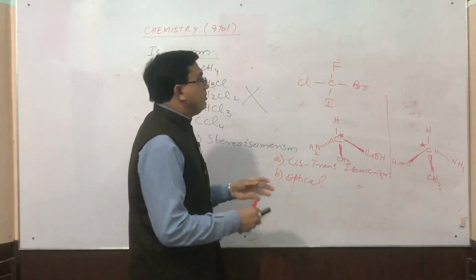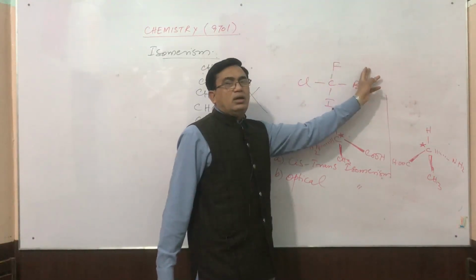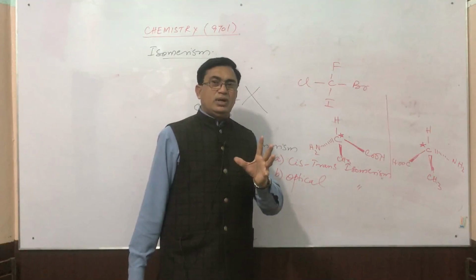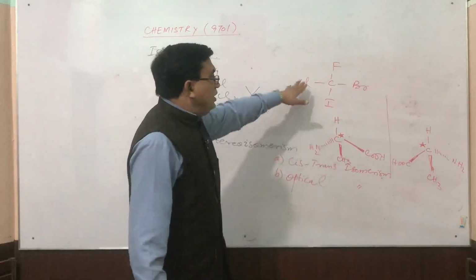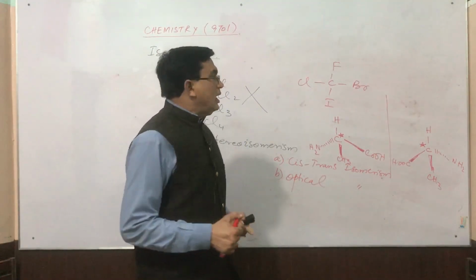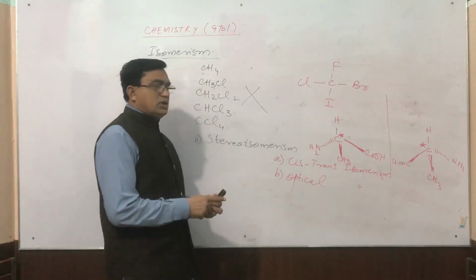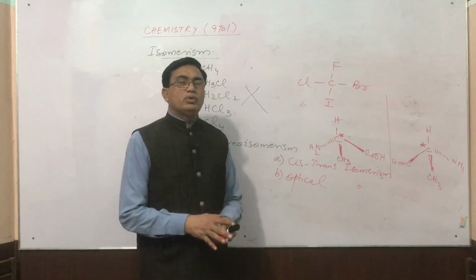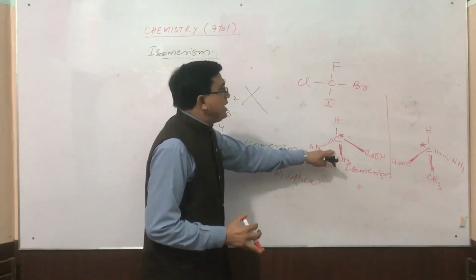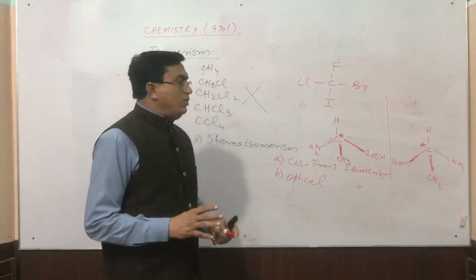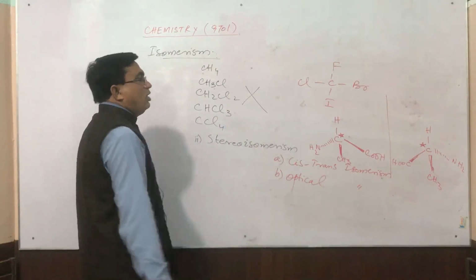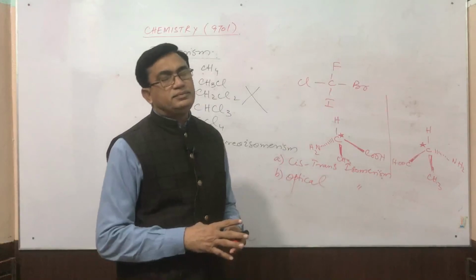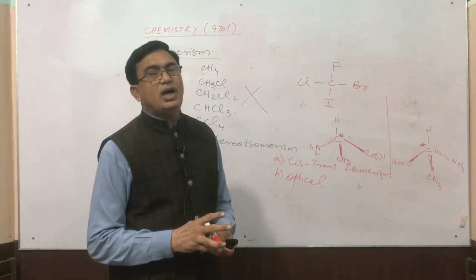It will not contribute. As long as all four groups attached to the carbon atom are different, definitely they will show optical isomerism because their mirror image will not be superimposed on the original molecule. That's why optical isomerism will be observed, and one chiral center creates two optical isomers.